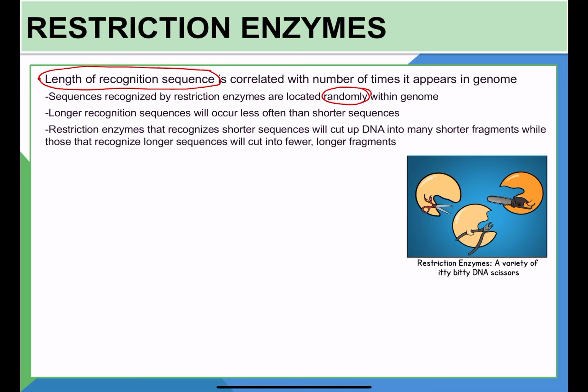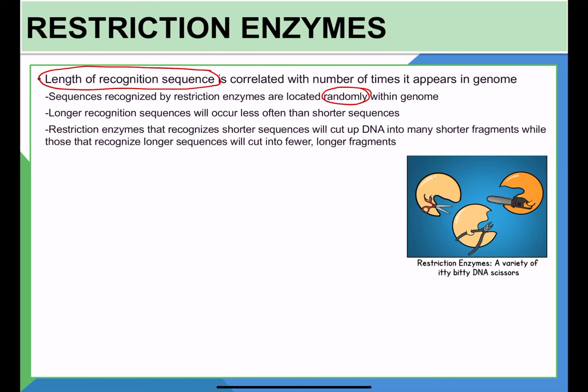They are located randomly throughout the genome. It's not like, oh, we know this for sure is going to be at, let's say, the restriction enzyme site for EcoRI is going to be at this 2,000 kilobase of your genome. No, we don't know that. Okay, we have random EcoRI sites throughout the genome.